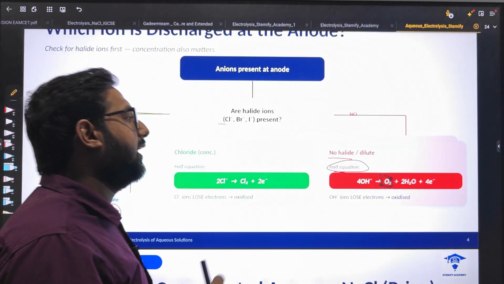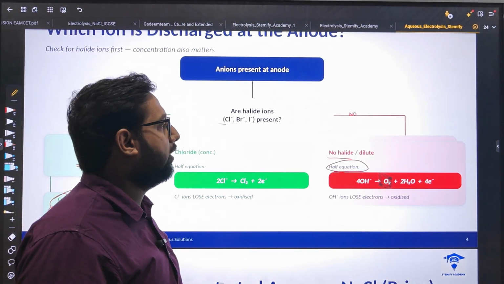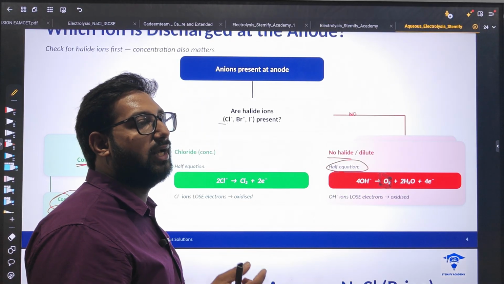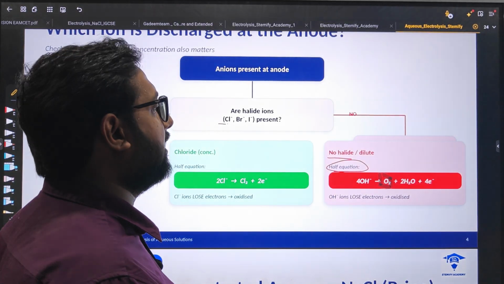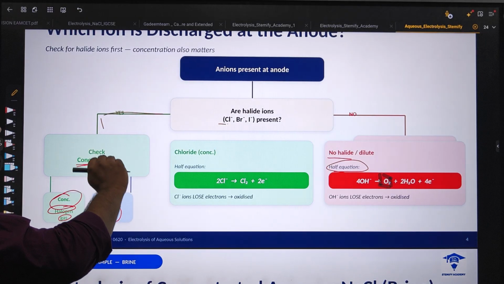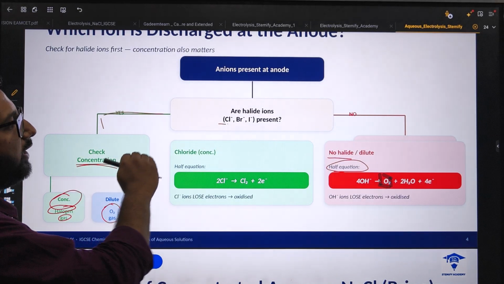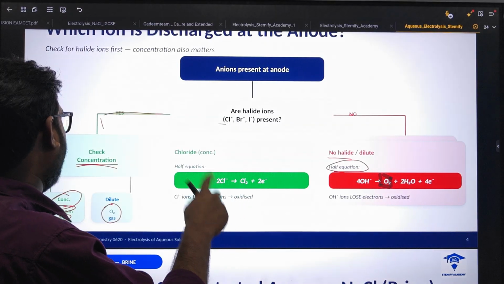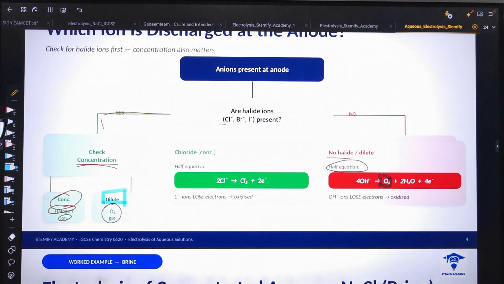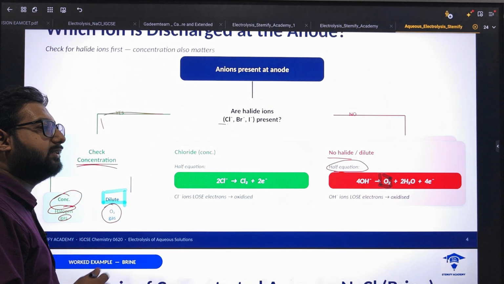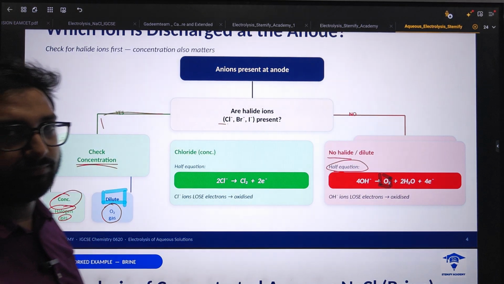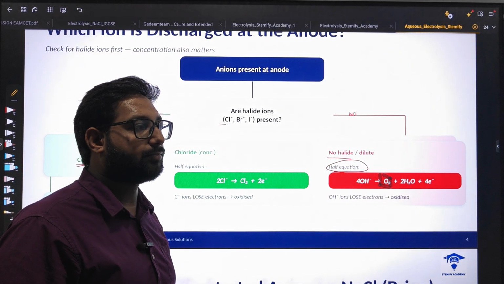So in two cases, oxygen is evolved at the anode. First case is if there are no halide ions present in the aqueous solution. Second case is if there are ions like fluorine, chlorine, bromine, and iodine, but the solution is dilute. In that case, again, O2 gas is evolved at the anode.